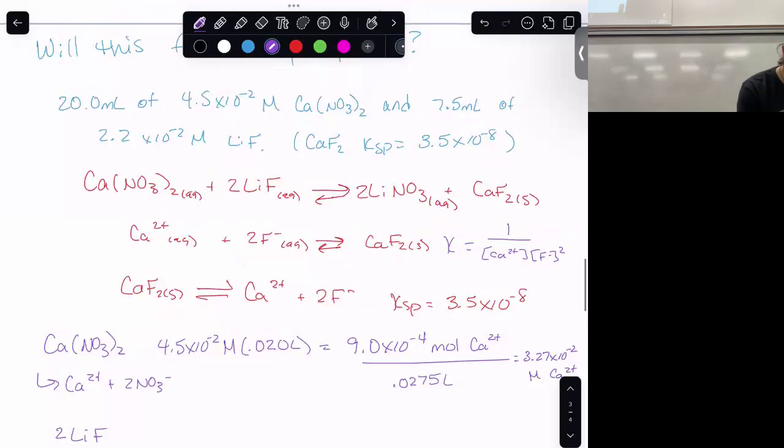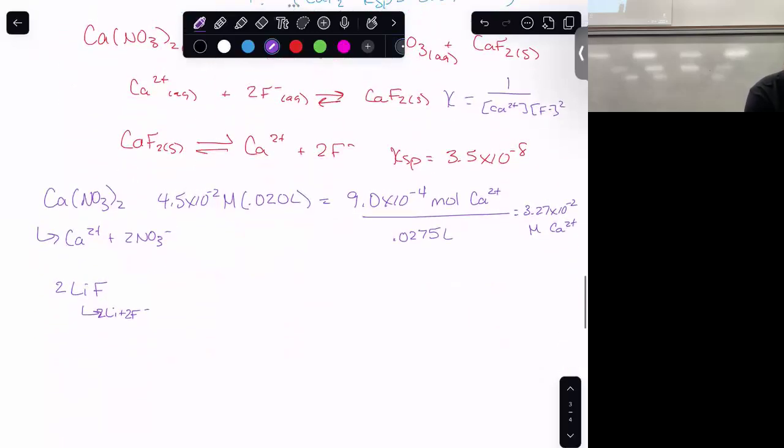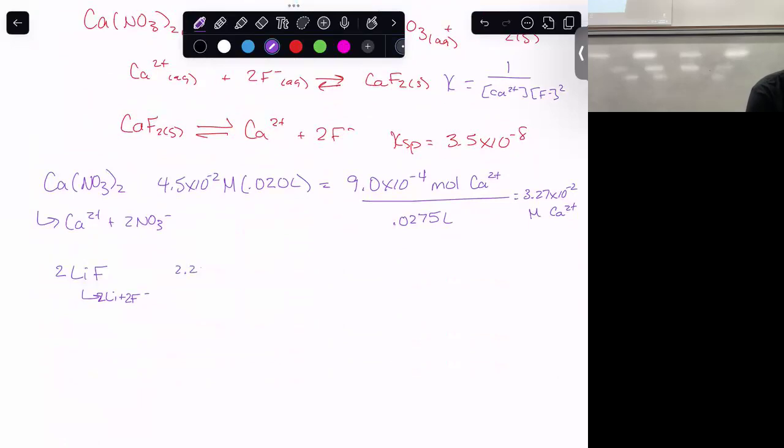So we'll take 7.5 and 2.2, so we get 0.00, oh, 10 to the negative 4 fluorine, and then times 2 is 3.3.